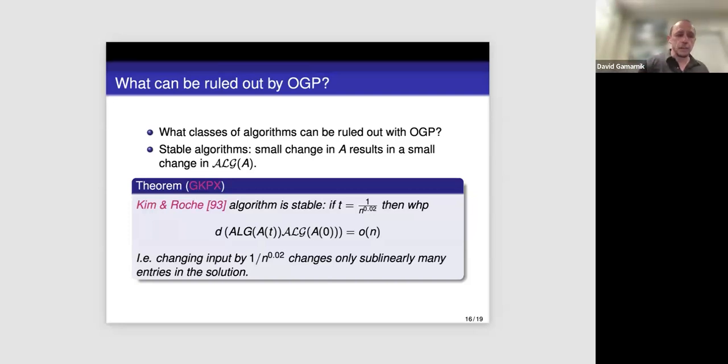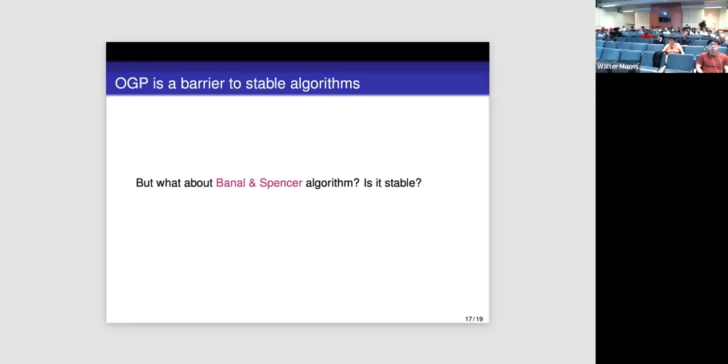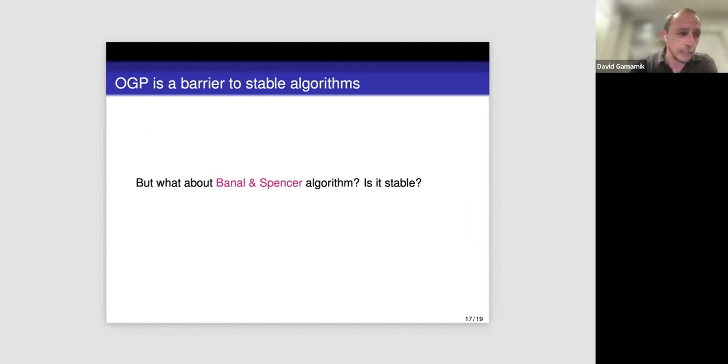So Kim and Rush is stable, but what about Bansal and Spencer? This is the strongest algorithm of the two. Is that stable? We spent quite a bit of time trying to prove that it's stable, and instead we came up with a fairly plausible argument that in fact it's not stable.